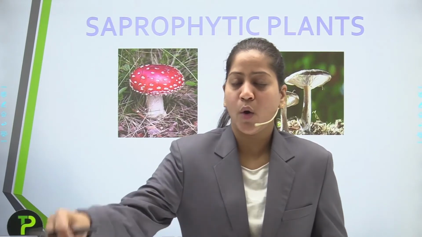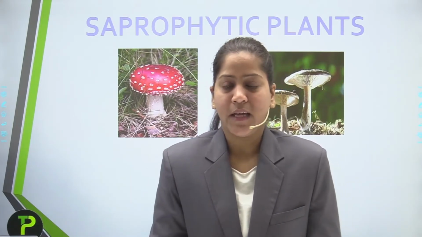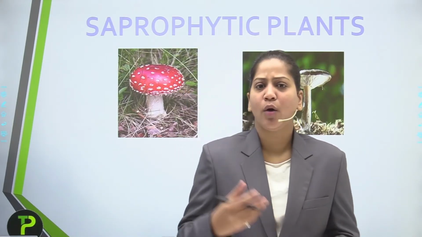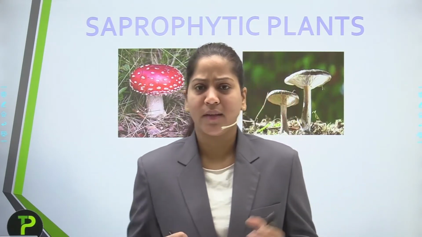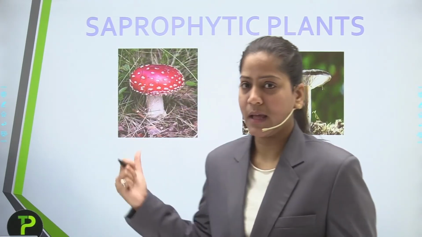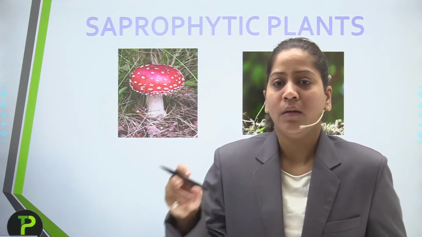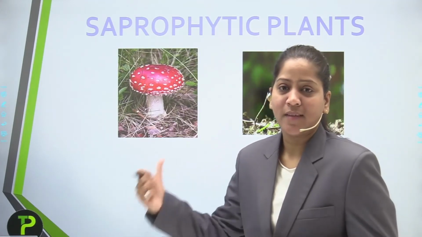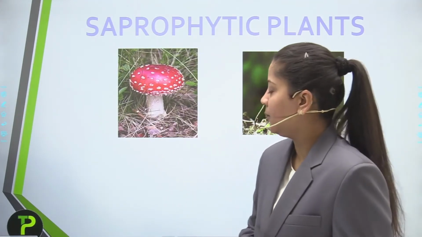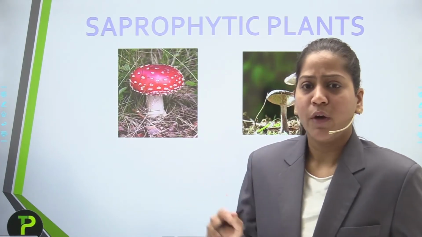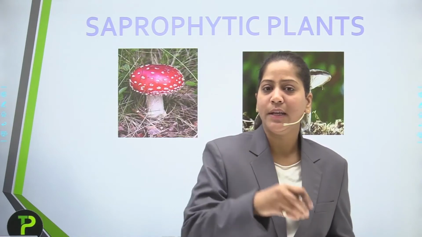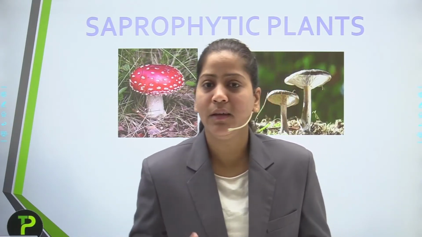They can feed on dead and decaying matter only. They cannot feed on living organisms like parasites were doing. Parasitic plants were feeding on living plants.